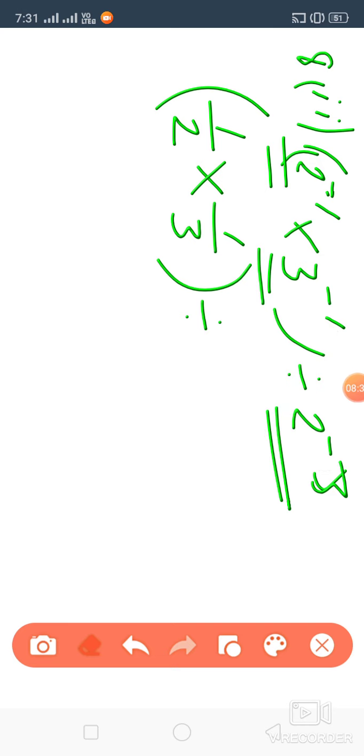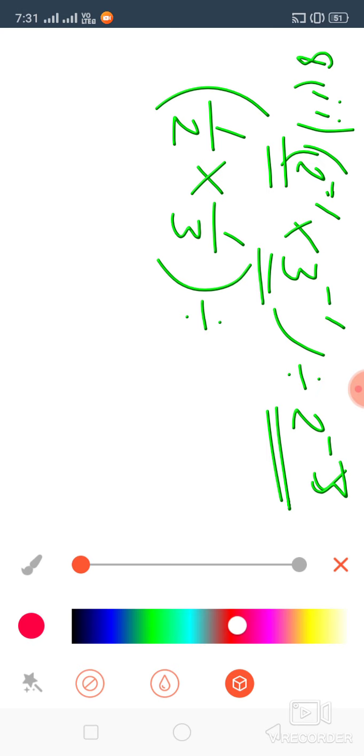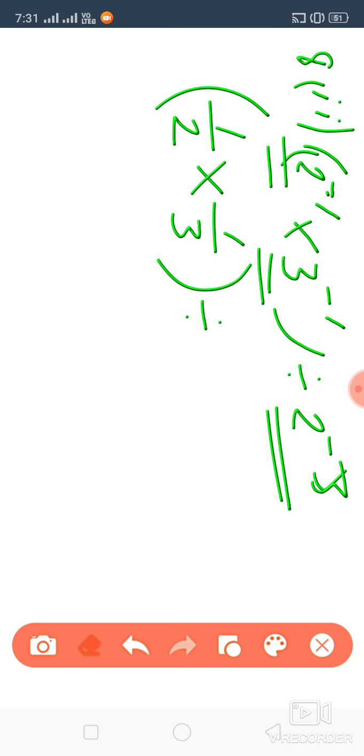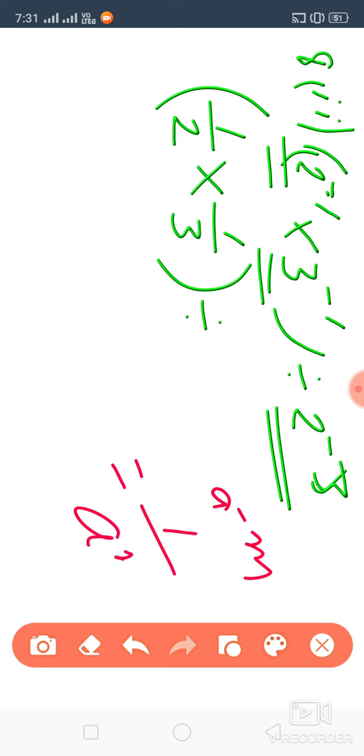So in class 7 also you must have studied this part, that a to the power minus m, what does it become? 1 by a to the power m. It's the reciprocal.